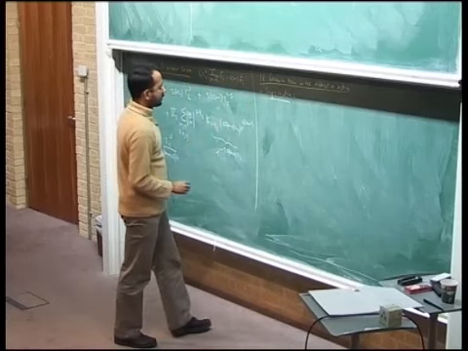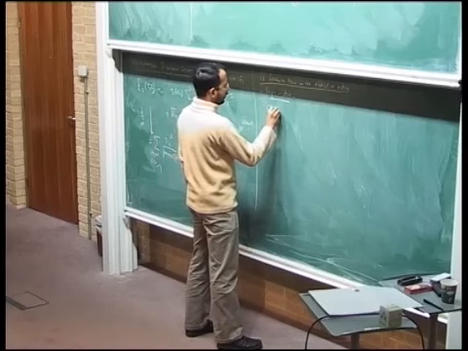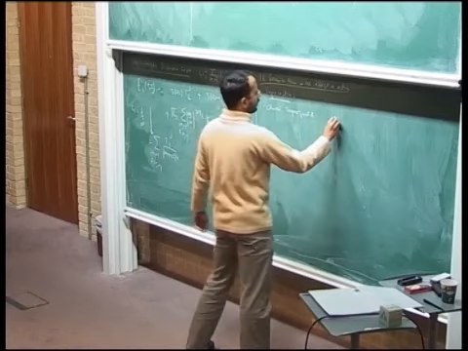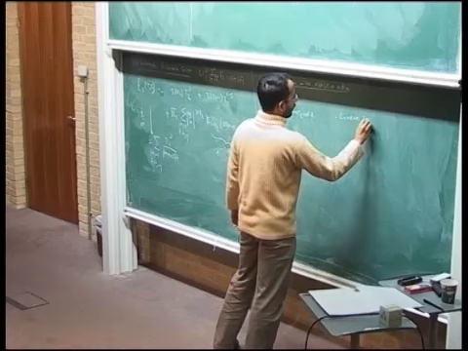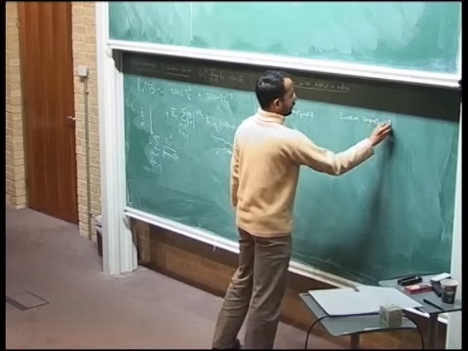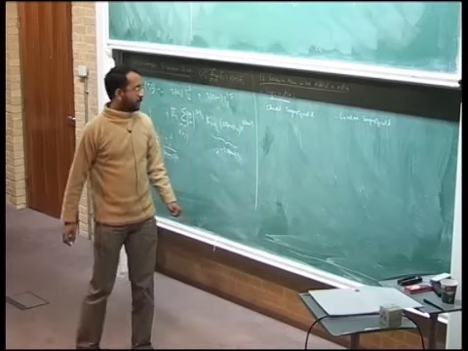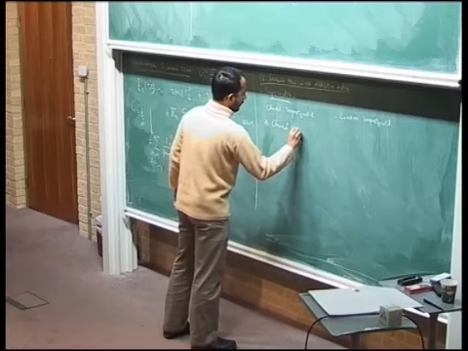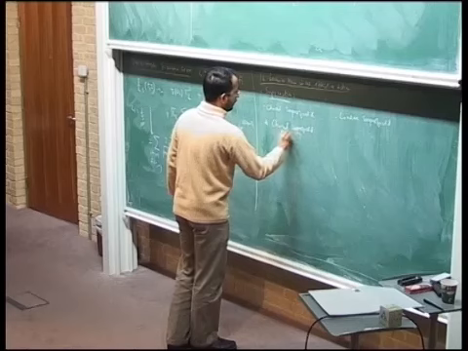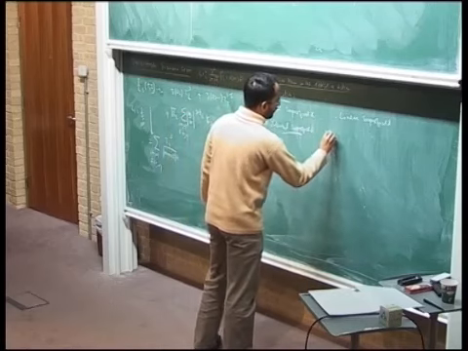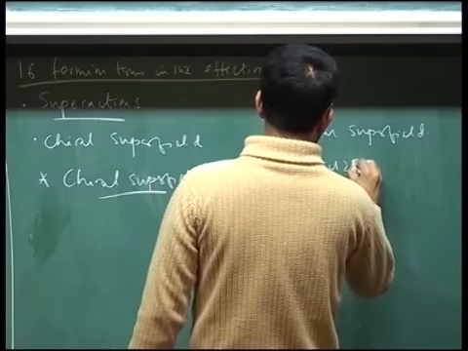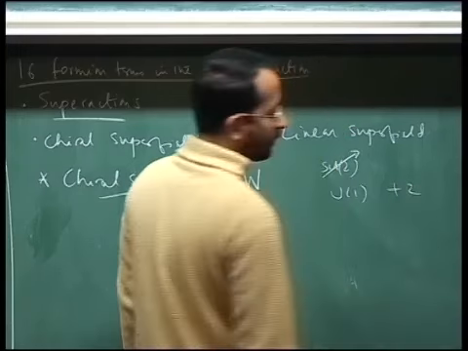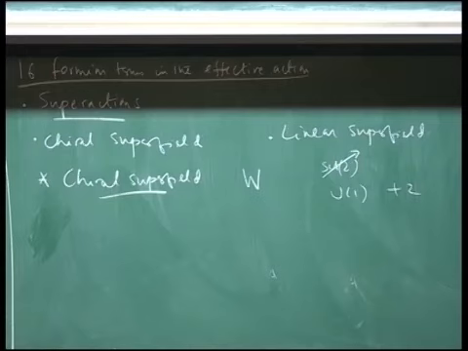Okay, so I'll have to look at two kinds of superfields. One is a chiral superfield, another is a linear superfield, okay? So first let me define the chiral superfield. This is the more or less easy one. This is the superfield W, which is uncharged under SU(2), and it carries U(1) charge plus 2, okay?